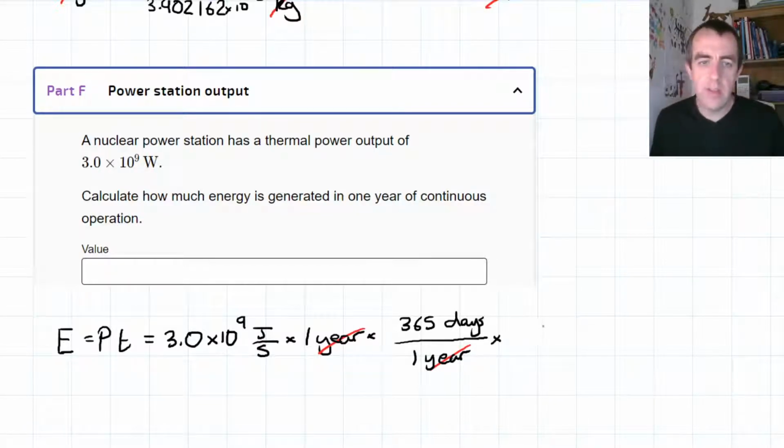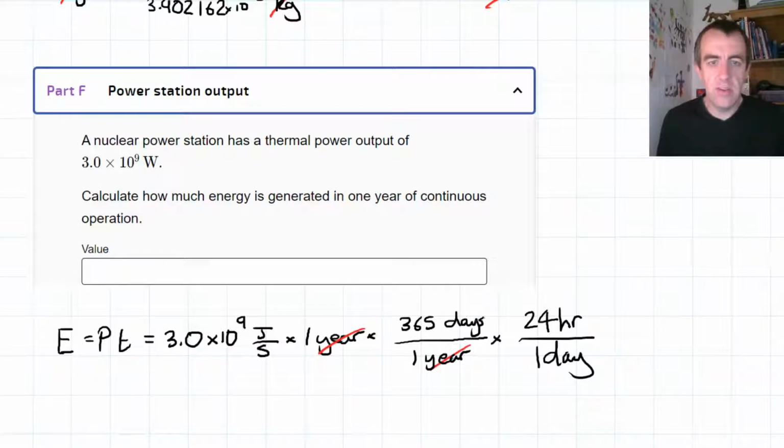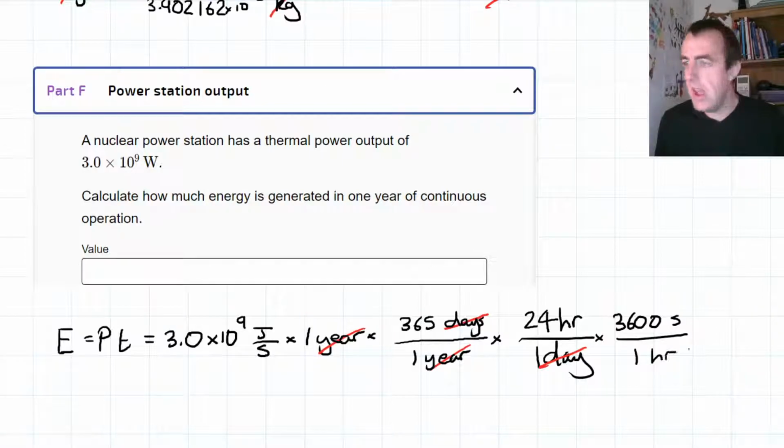So we know that there are 24 hours in 1 day. So now I can cancel the days part. And I know that there are 3,600 seconds in 1 hour. So now I can cancel the hours part.